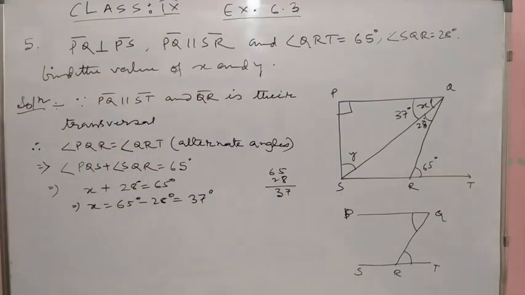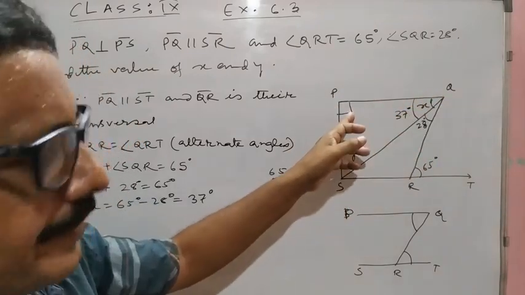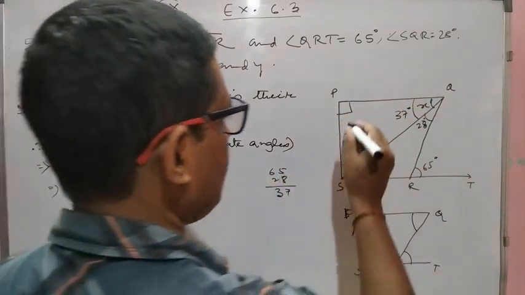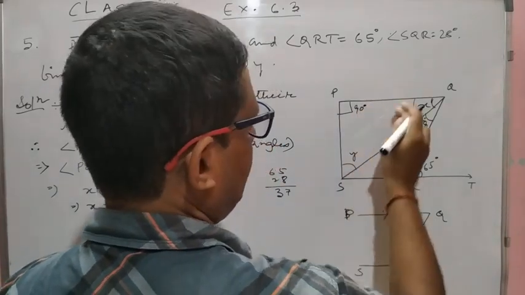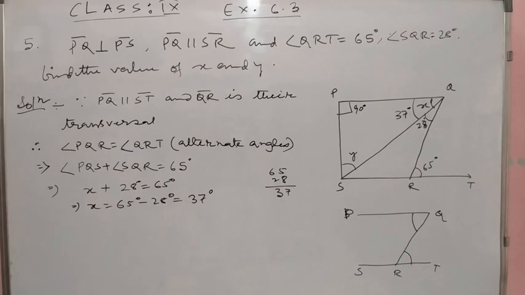Okay, now you see again this is perpendicular to this, so this angle is 90 degrees. Now let us apply the angle sum property again.